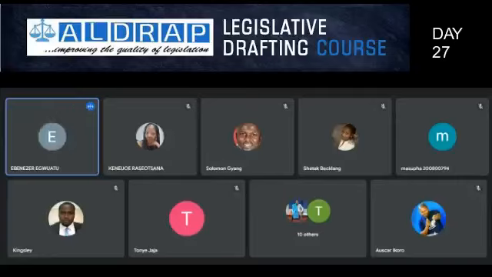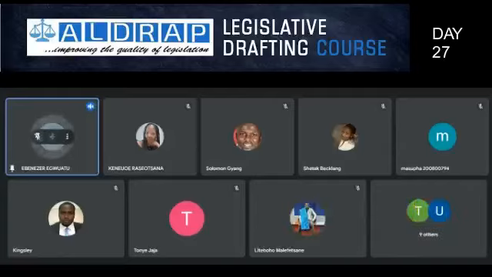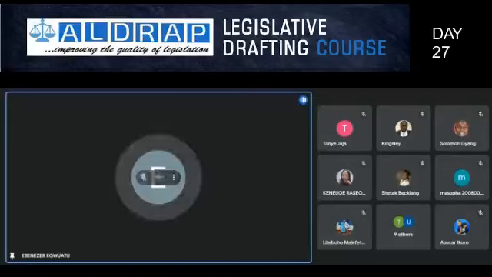Section 6, commissioners' remuneration, allowance, etc. That is entitlements, privileges, rights. You deal with it separately. 7, qualification of the commission's board. Who is qualified to be here?